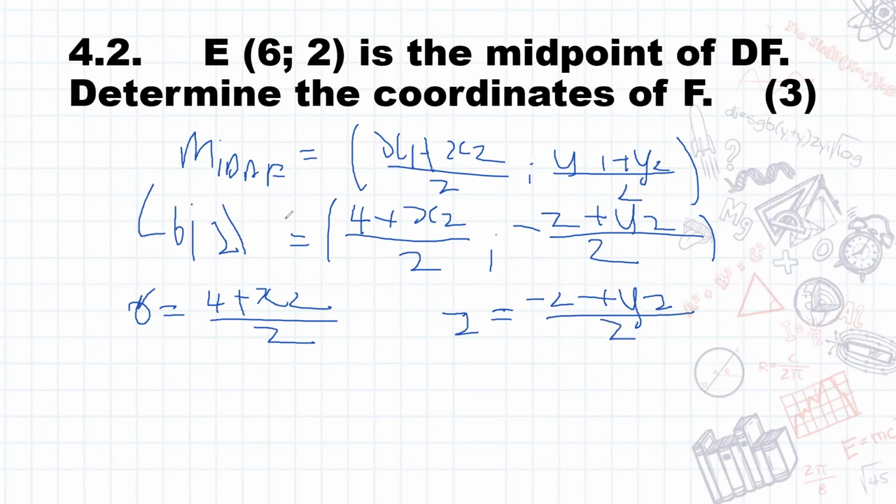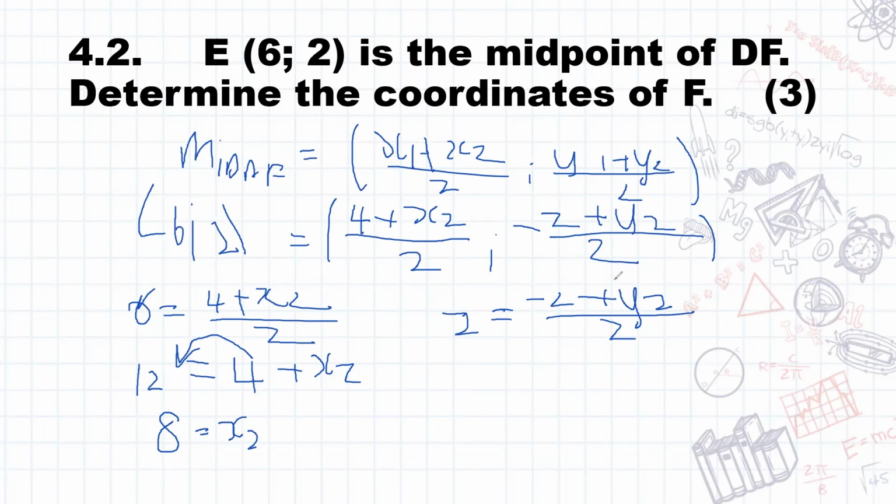If I simplify this equation to get rid of the 2 at the bottom, I'll multiply out. So I'll have 12 is equal to 4 plus x2, and I'll take the 4 to the other side to become -4. So x2, or in other words, xF, is equal to 8.